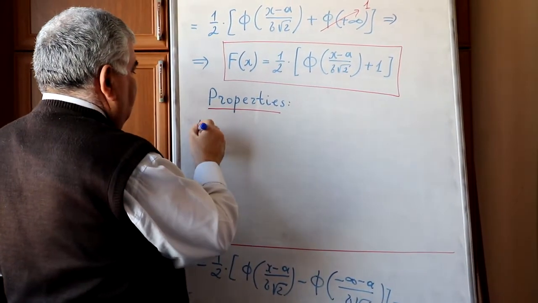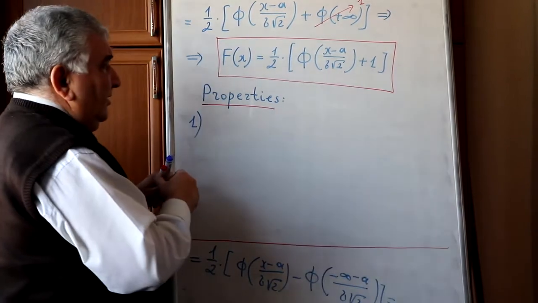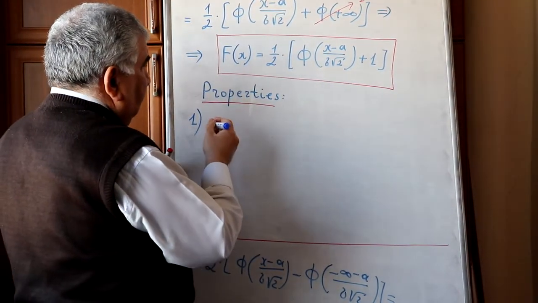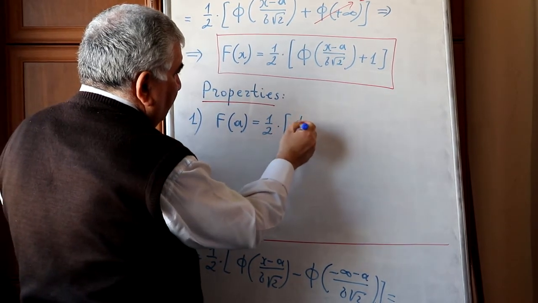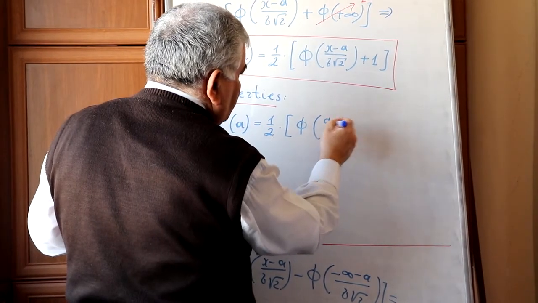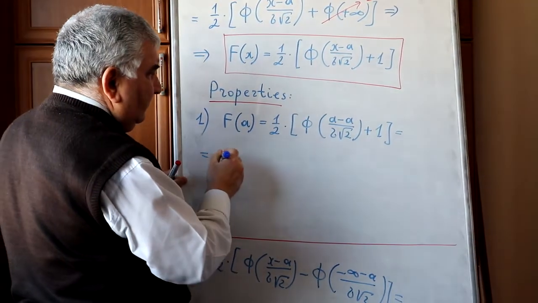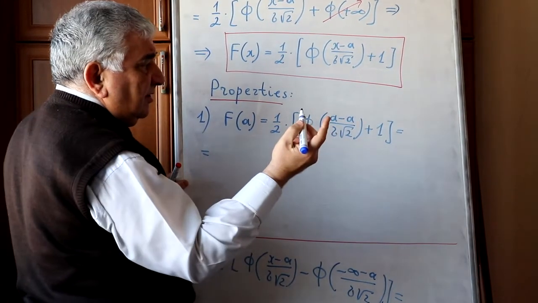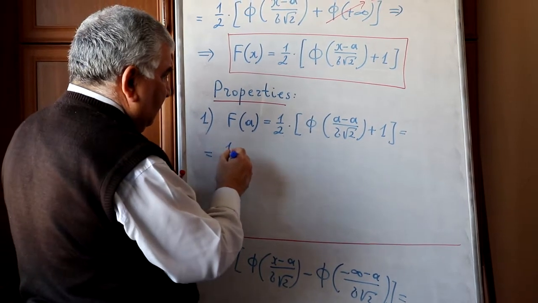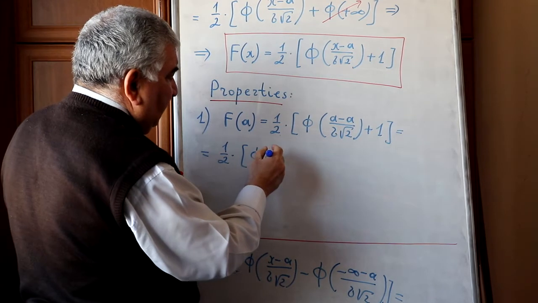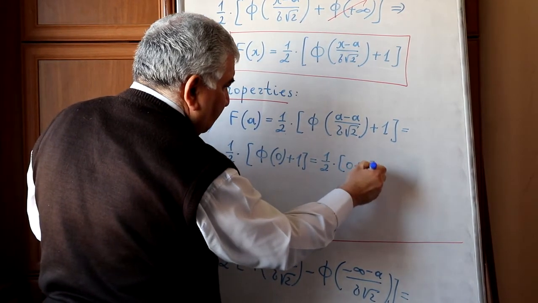First property. Here we can calculate the value F capital of x at point x equals a. If we substitute a instead of x in this formula, then we will obtain F of a equals 1 second multiplied by phi of a minus a over sigma square root of 2 plus 1. a minus a is 0, phi of zero is zero according to the properties of the error integral. 1 second multiplied by 0 plus 1, and we will obtain 1 second.